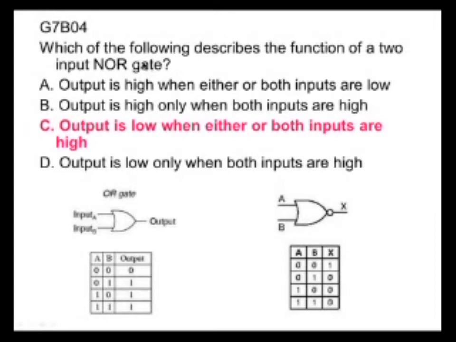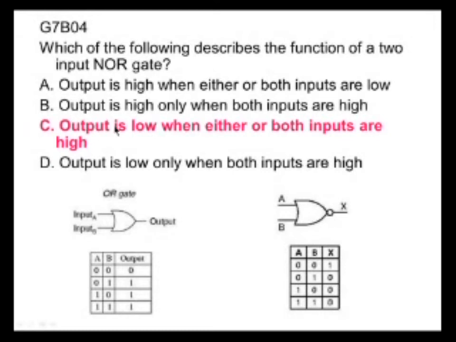But what they've asked us about is a NOR gate. And a NOR gate has a little circle out here on its diagram that tells you that the output is inverted, so that the output will be just the opposite of what it would be on the OR gate.